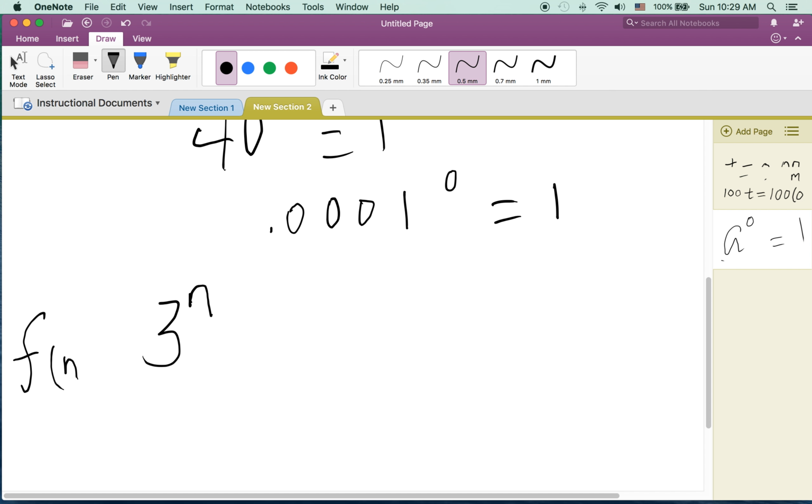We can say f of n equals 3 to the n. If we don't want to limit ourselves to integers, we could say f of x is 3 to the x. So now this looks a little more familiar to us.